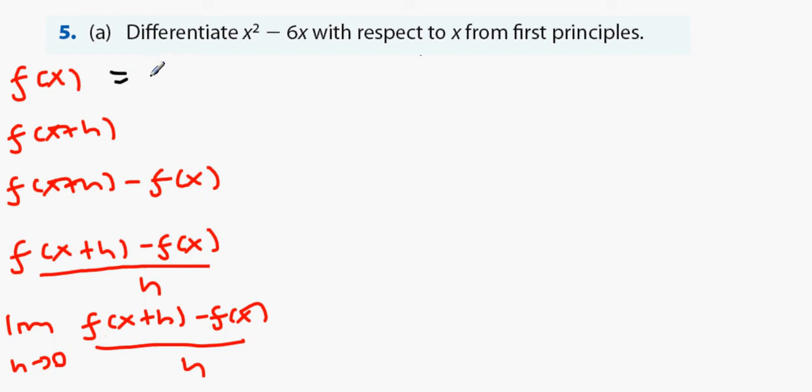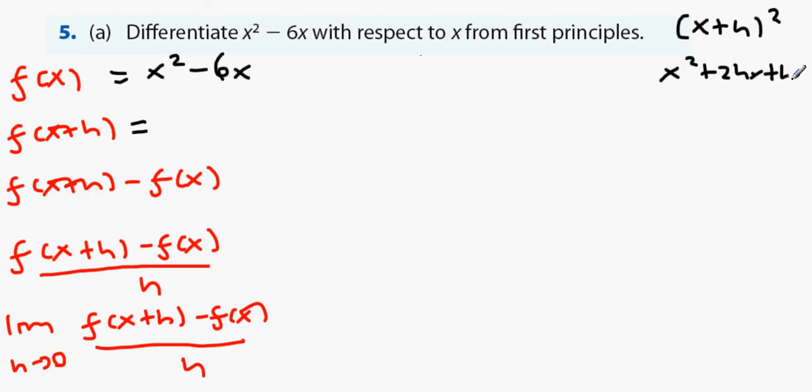Now it's x squared minus 6x. We know that f of x plus h. Now remember what I said earlier: x plus h squared is x squared plus 2hx plus h squared. Check out video 1 if you want to find out where we got that from. So we're going to get x plus h squared minus 6 times x plus h.